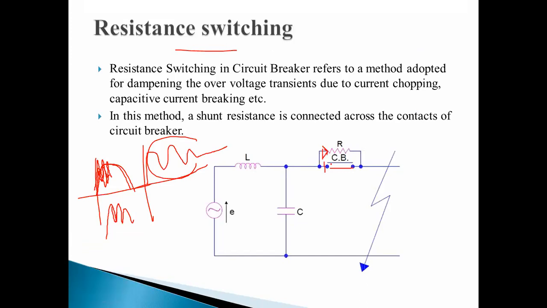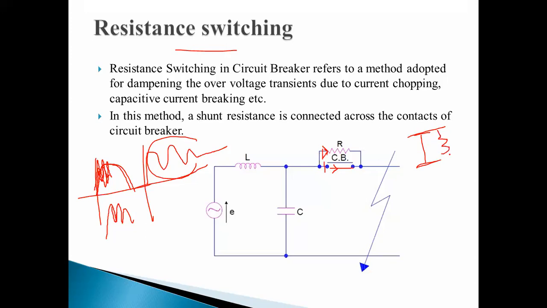When we were not connecting this resistance R, the total current was flowing through only the circuit breaker contacts, means through the arc only. The whole current was flowing through this arc.